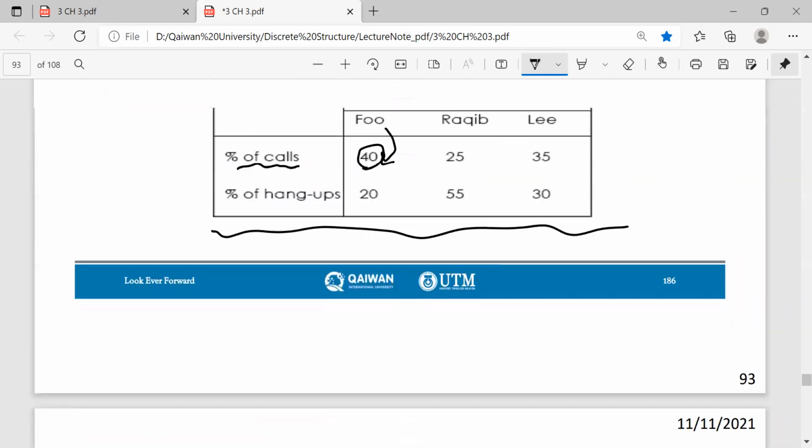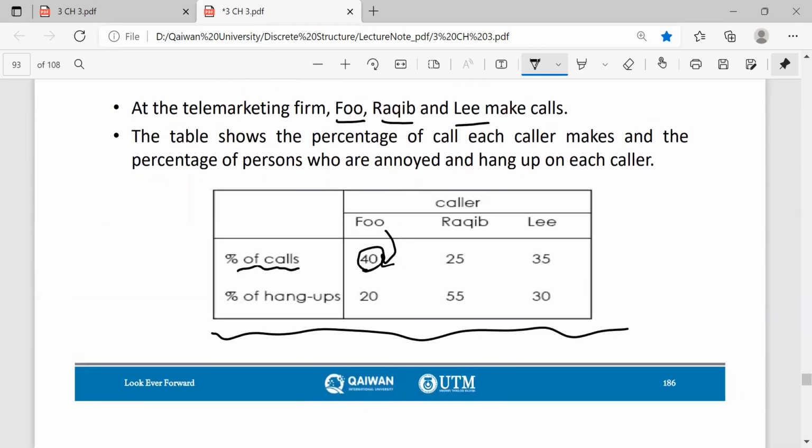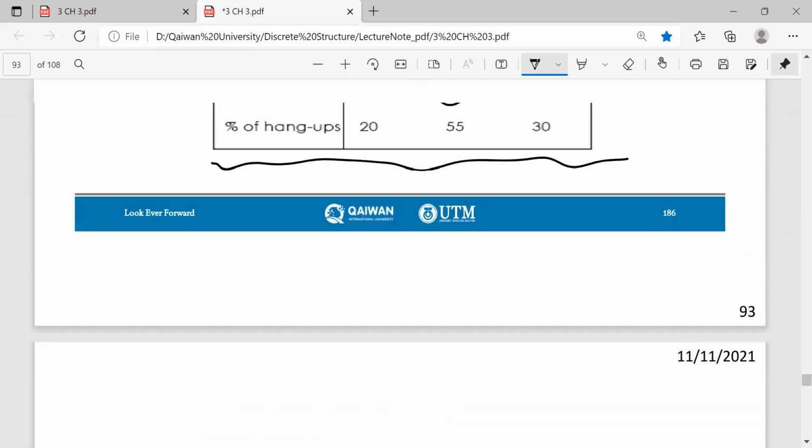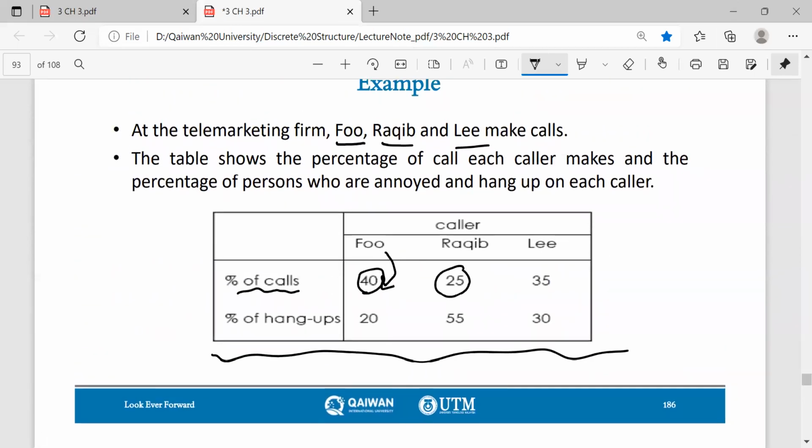That means probability of A is 40. How about probability B? B is the event that Raqib made the call. It is 25, because 25% of the calls are done by Raqib. And also Lee, which we denote by C. C is the event that Lee made the call. So the probability of it is 35%.